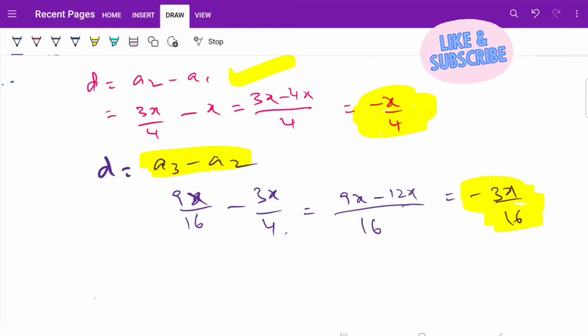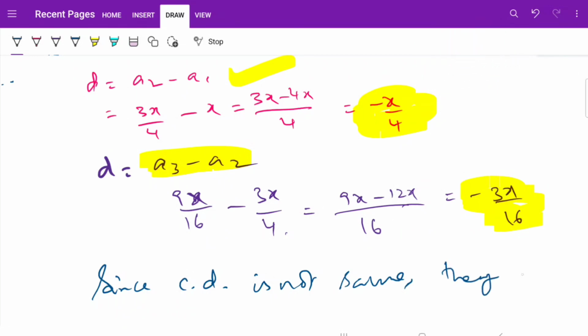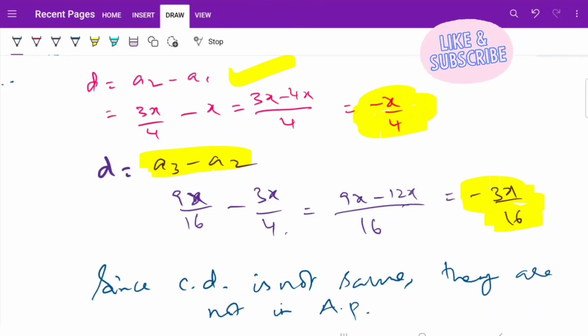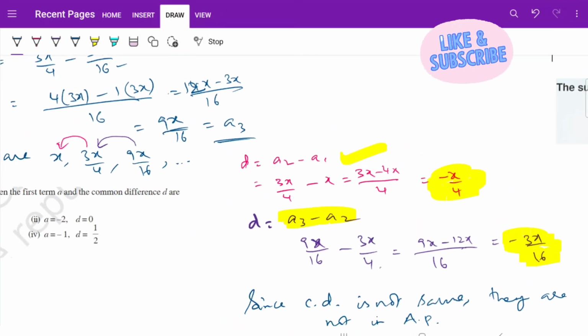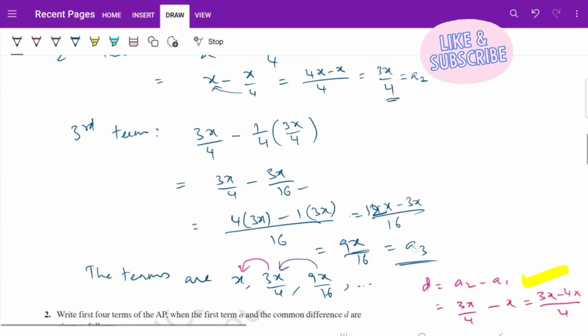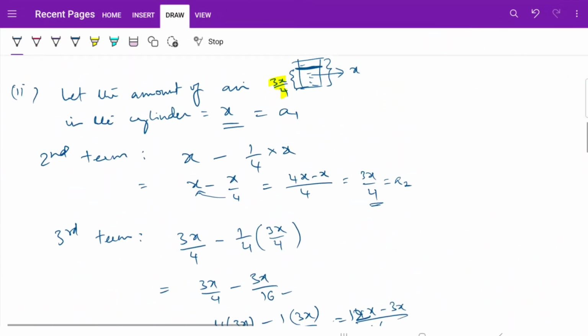We can write, since the common difference is not same, they are not in AP, arithmetic progression. To be in arithmetic progression, what we have to do? We have to find the series first: first term, second term, third term.